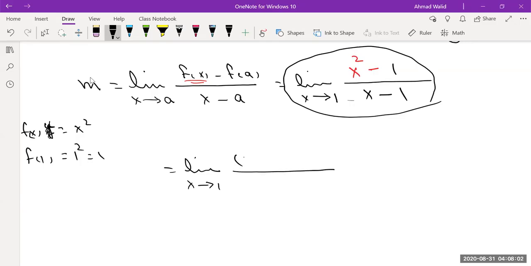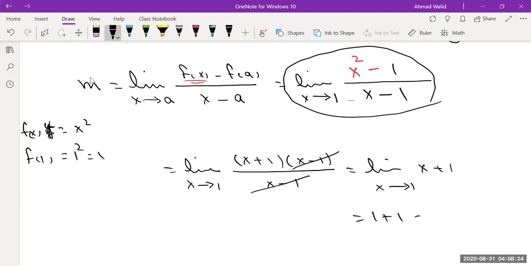Factor the top, which is x plus 1 times x minus 1 over x minus 1. Here, x minus 1 cancels out with x minus 1. It means you end up with the limit of x plus 1 as x approaches 1. Now plug in the limit here. Do not write the sign of limit. It means 1 plus 1, which gives you 2. This is actually the slope of the tangent line.